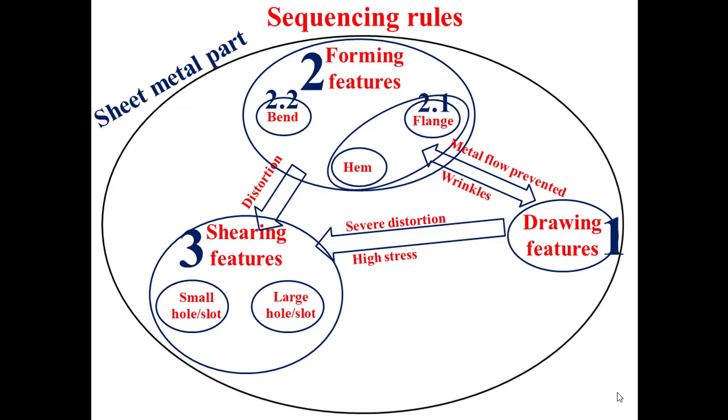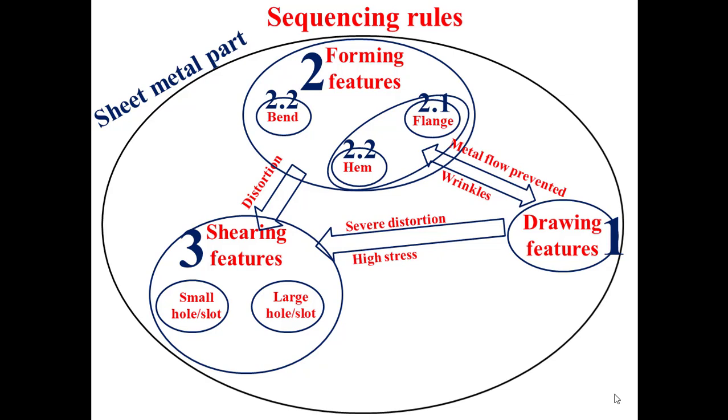Also, it's to note that carrying out a hem in one single operation will require expensive equipment. So, the hem should be obtained in two operations. The part edge is first flanged and then formed over by hemming. So the flanging should be carried out before hemming.